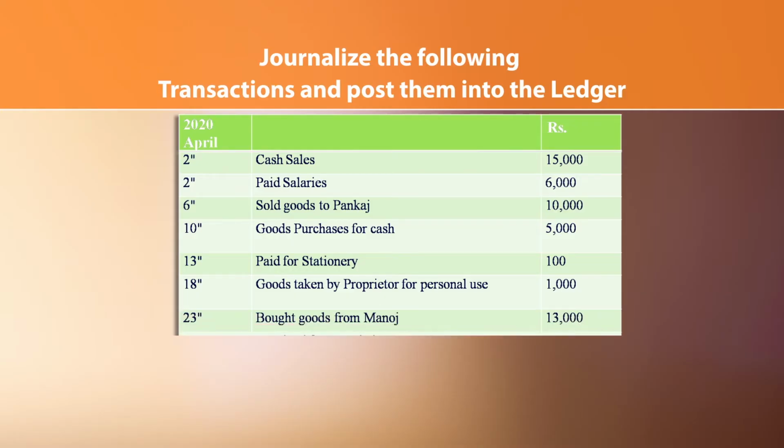The next one is bought goods from Manoj. The business has bought goods worth rupees 13,000 from Manoj. So here, friends, if you see the transaction, it is not clear whether the goods have been bought from Mr. Manoj on cash basis or on credit basis.